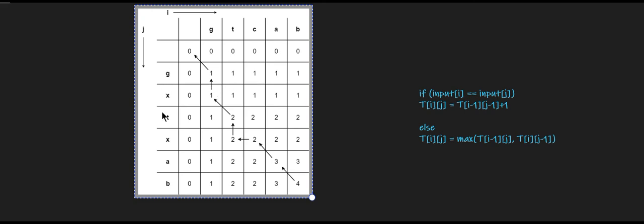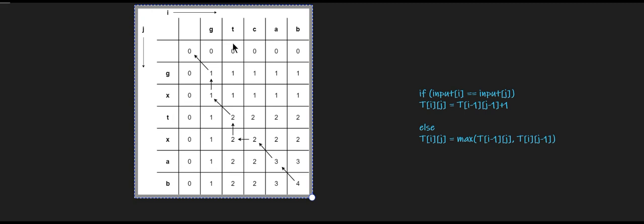So now we compare GXT with this G. Here the last characters, that is T and G, are not equal, so we take the maximum of this 0 and 1, we get 1. Now when we compare GT with GXT, the last characters T and T are matching, so we have to take the increment of this upper left diagonal element, so this cell entry becomes 2, that is 1 plus 1 equals 2. Next we compare this GTC with the second subsequence GXT.